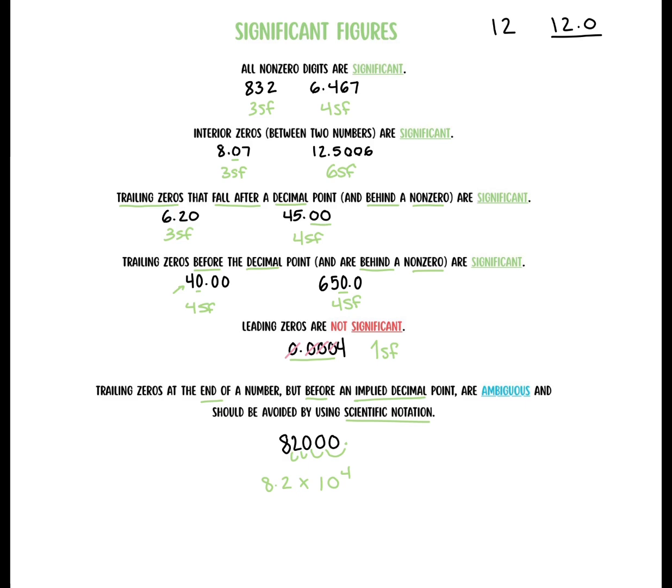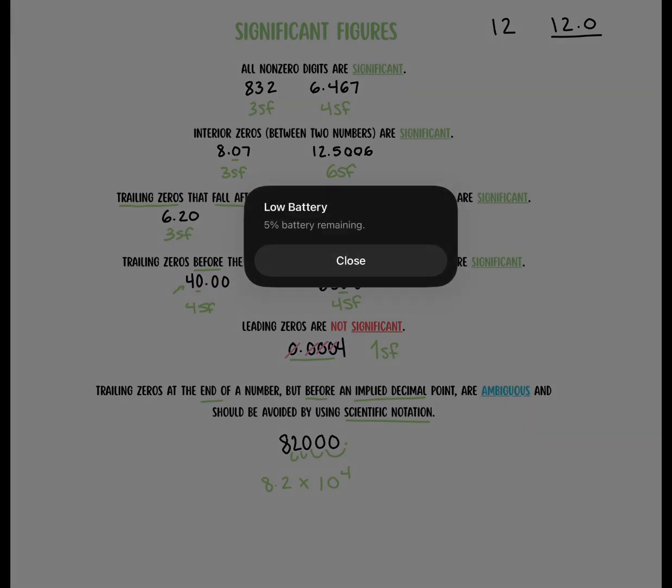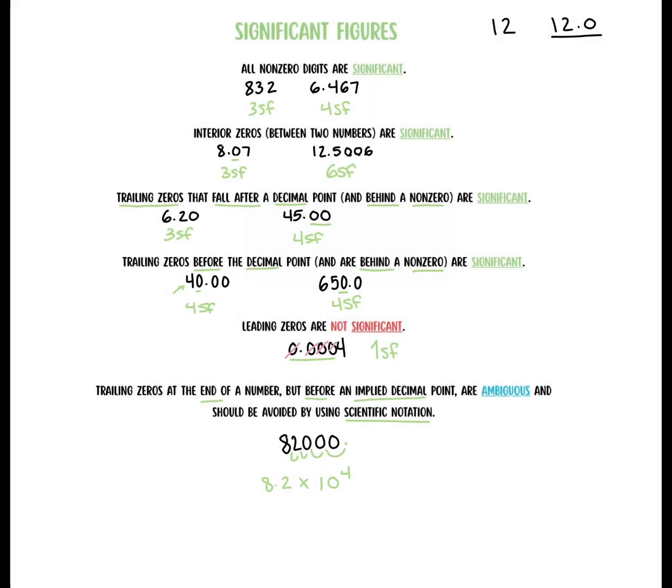And these are the significant figure rules. Make sure you understand how they work before you watch my video on how to multiply, divide, add, and subtract while keeping significant figures in mind.